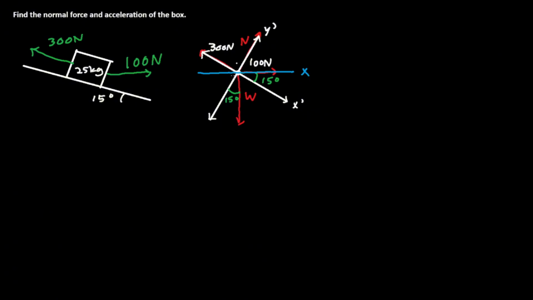If the plane was rotated 15 degrees in this direction, it was also rotated 15 degrees in this direction, with this being the old y-axis. Therefore, the angle between the new x prime axis and your 100 newtons additional force is 15 degrees as well.